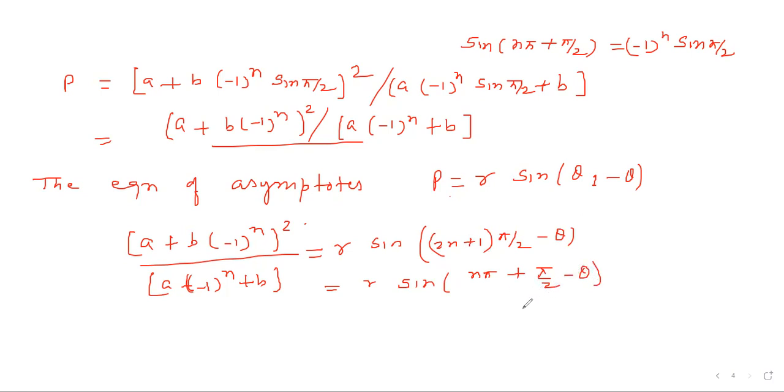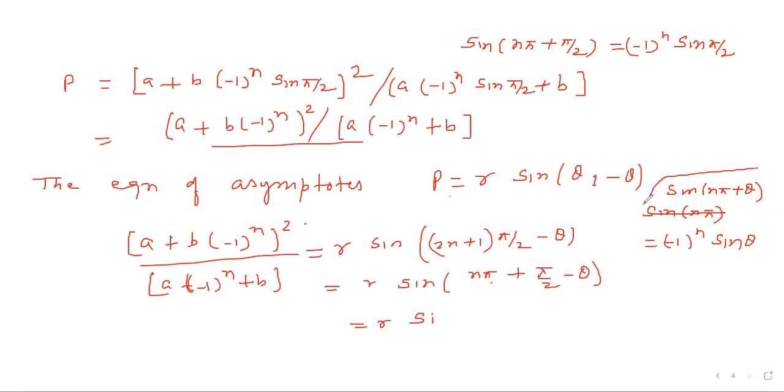Now, here we can write it further. So sine n pi can be removed. So it will become r sine, but sine n pi plus theta is minus 1 power n sine theta.